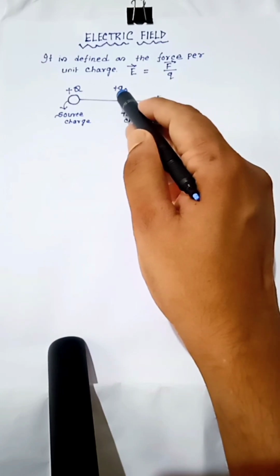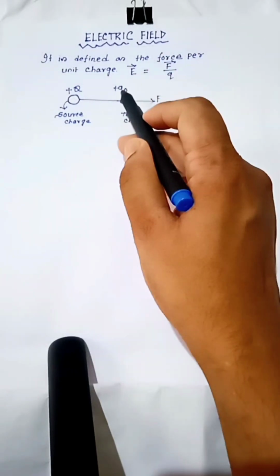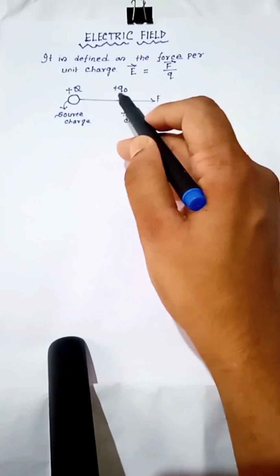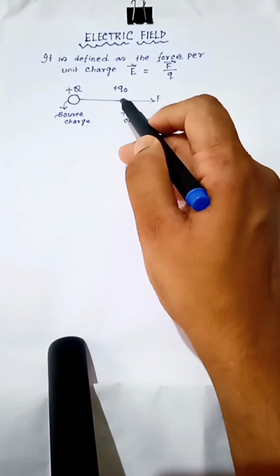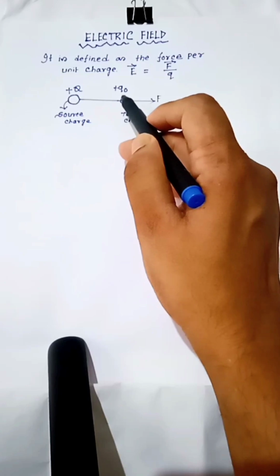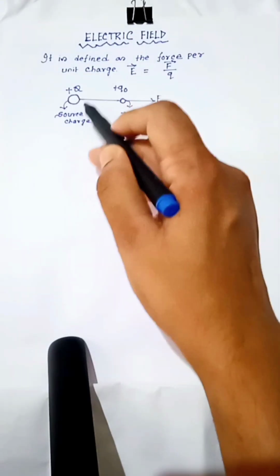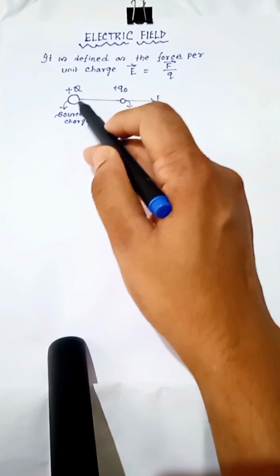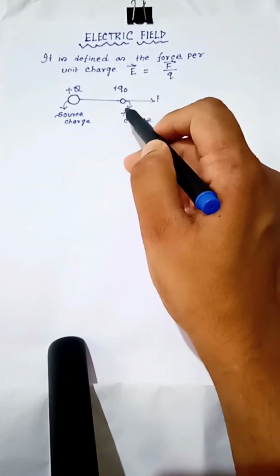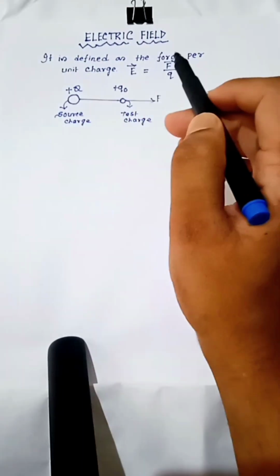That means this charge must be very small with respect to the source charge. Otherwise, if we take the test charge itself very large, then it will affect the source charge. It will disturb the configuration of the source charge. So that is why the test charge should be small with respect to the source charge.